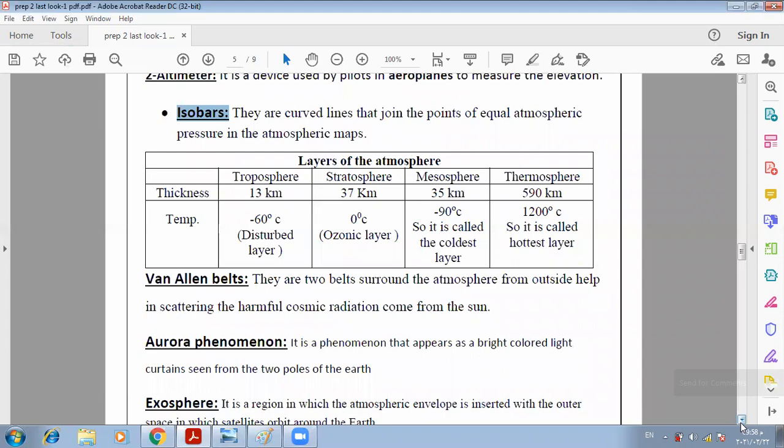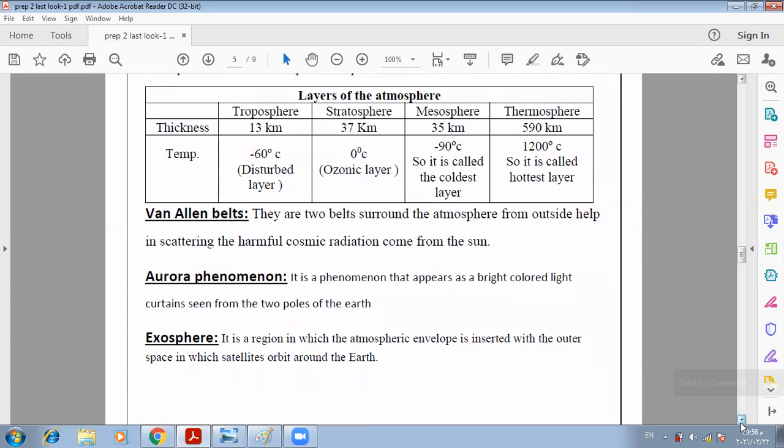If there is harmful cosmic radiation coming from the sun, what will happen? A phenomenon called aurora will occur. It appears as bright colored light seen at the two poles of the earth, the south and north pole.